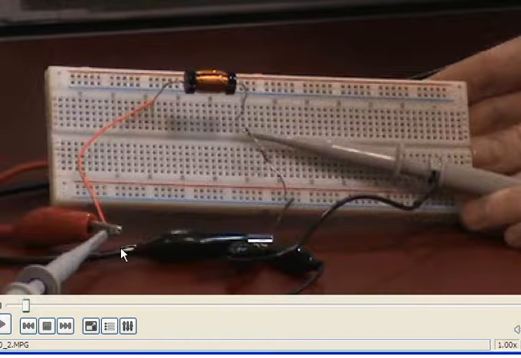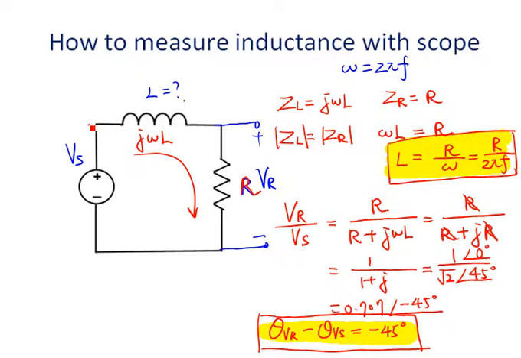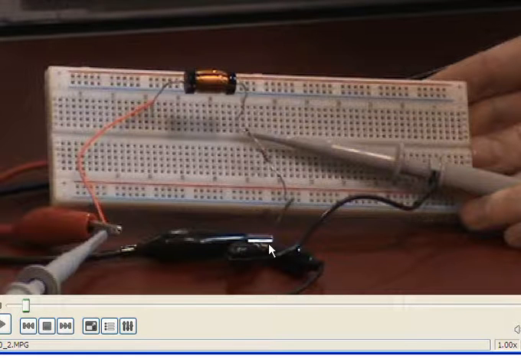We also use an oscilloscope to show both the source voltage and the output voltage on the scope. So here is channel 1. Scope channel 2 is connected across the resistor.